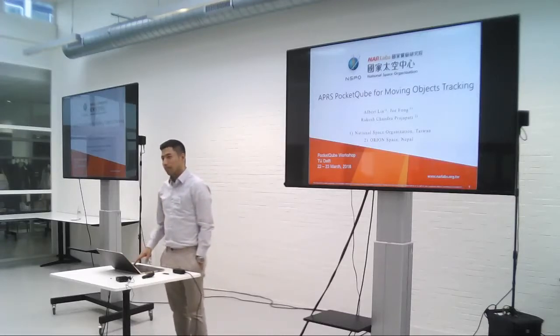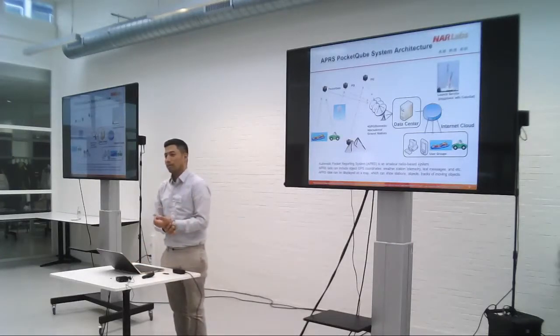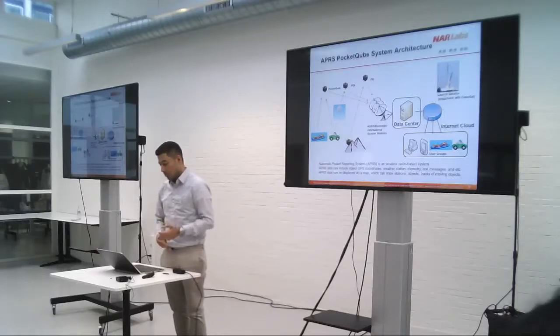And so we are building an APRS-based PocketQube. Basically, APRS is like you take different data, like GPS or weather data, that you can uplink to the PocketQube, and then you can downlink to some other station, a ground station.